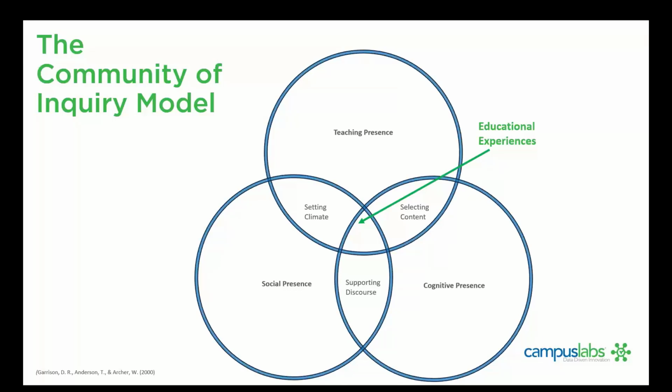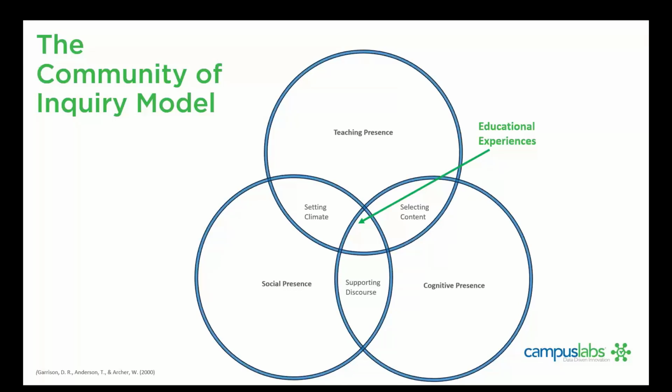Now, the second ring here, social presence, refers to the ability to perceive others in an online environment as real. This can be difficult at times, right? When we're trying to connect with others over the internet using technology, just as we're doing now, it's sometimes hard to create that connection, but that social presence and engagement with participants is really important.